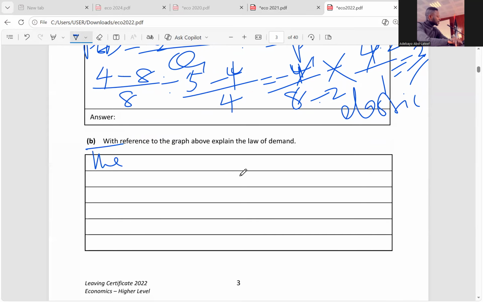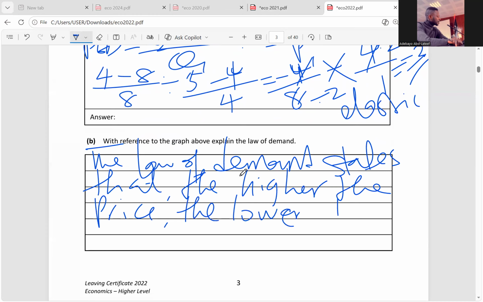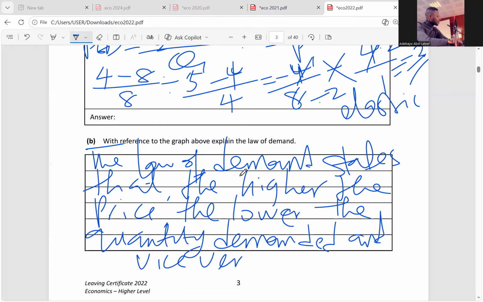The law of demand states that the higher the price, the lower the quantity demanded, and vice versa.